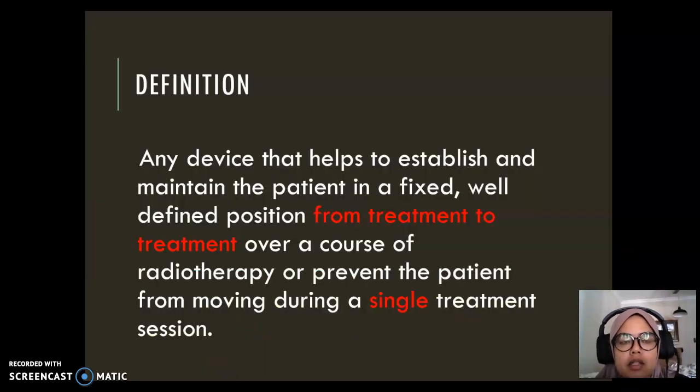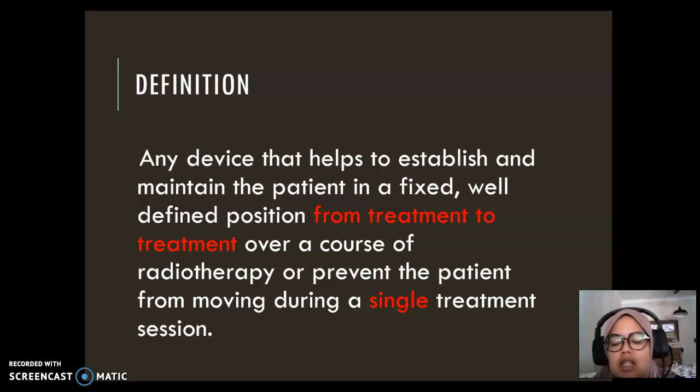Okay, so what is positioning and immobilization? It's basically how we establish and maintain the patient so that they will be in a fixed and well-defined position for at least 25 fractions for a single patient. So we would like to immobilize the patient, or make sure that the patient does not move at all.